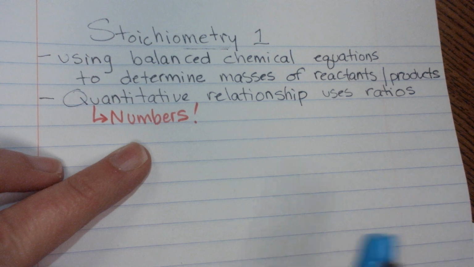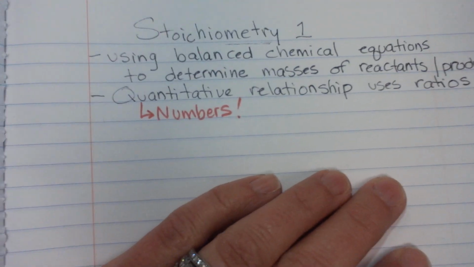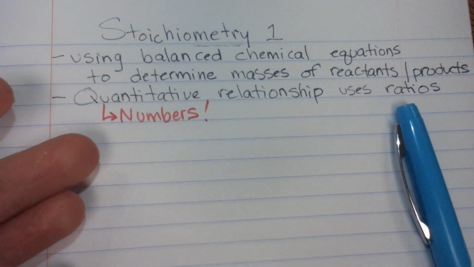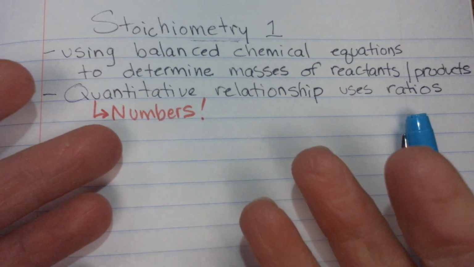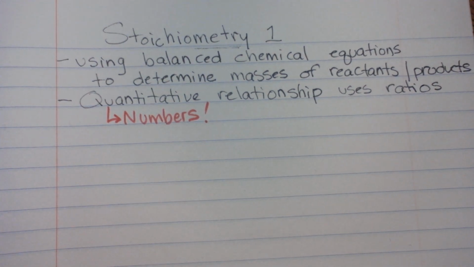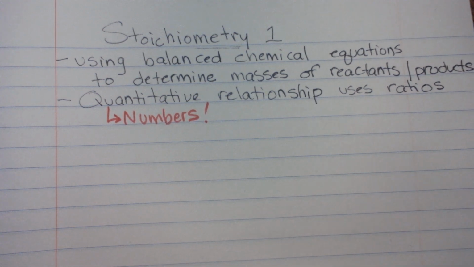So when we think about a ratio, we kind of think about we have so much of one thing and then we would need so much of another. How much do they compare? So we're going to compare numbers from chemical reactions, from chemical equations.